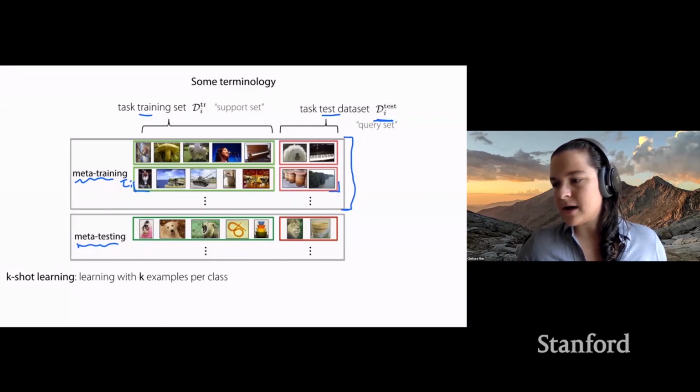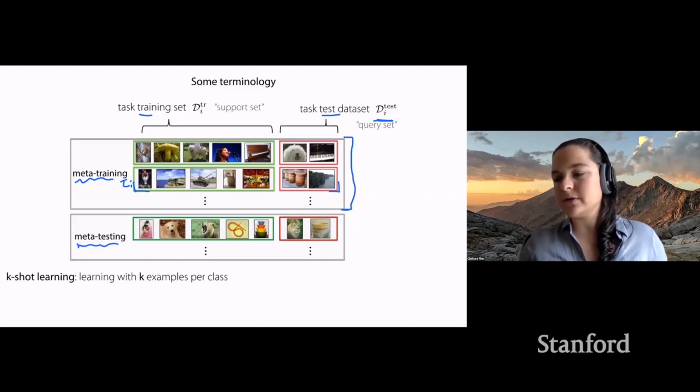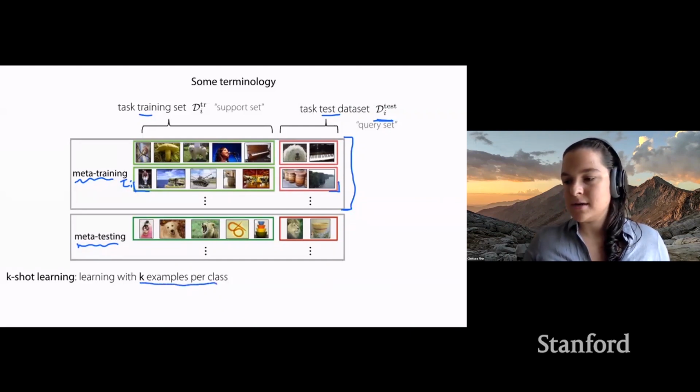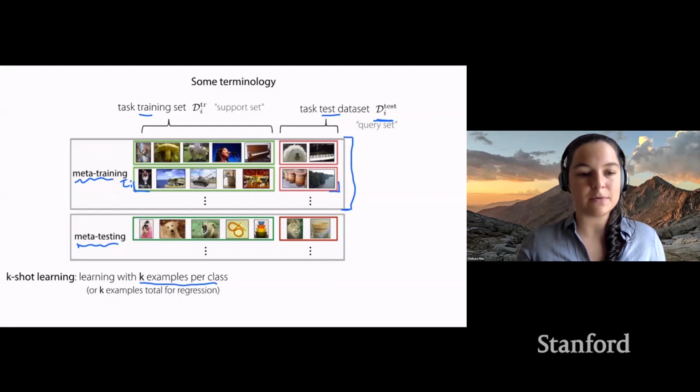And then when we talk about few-shot learning or K-shot learning, like one-shot learning, five-shot learning, what this means is that we're going to be learning with K examples per class. Or if we're in a regression scenario, we're going to be using K total training examples for learning. So K-shot means you'll be using K examples.